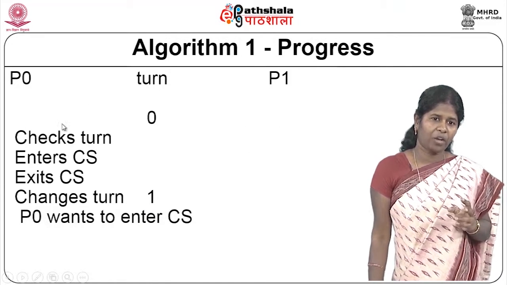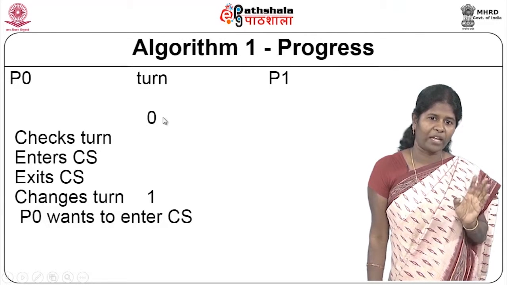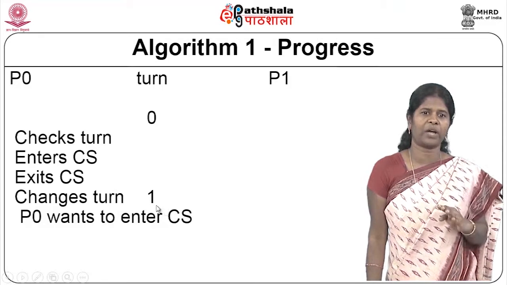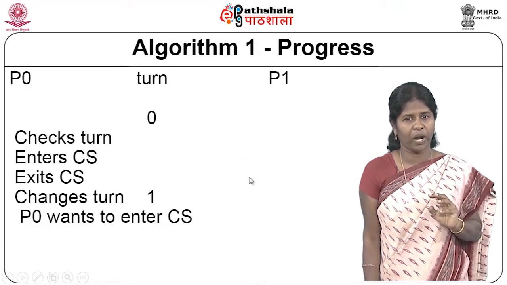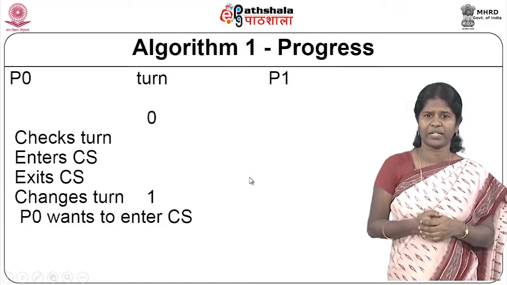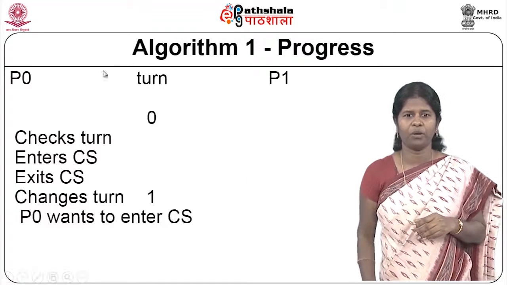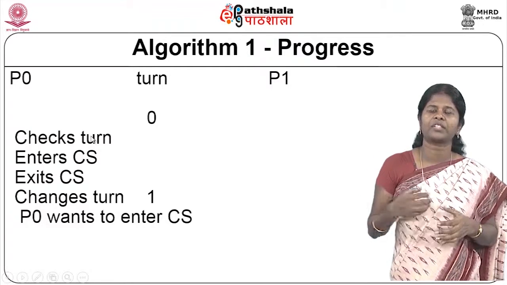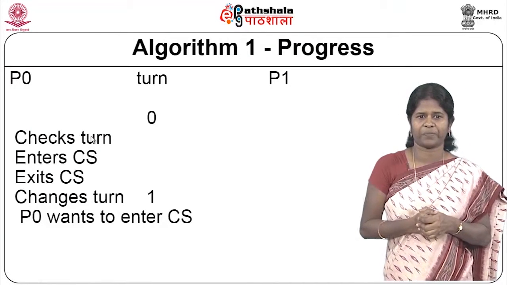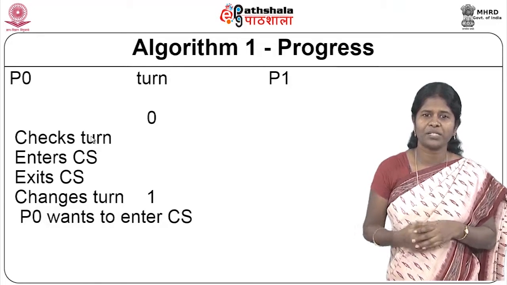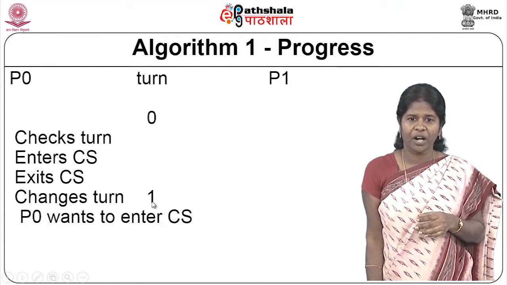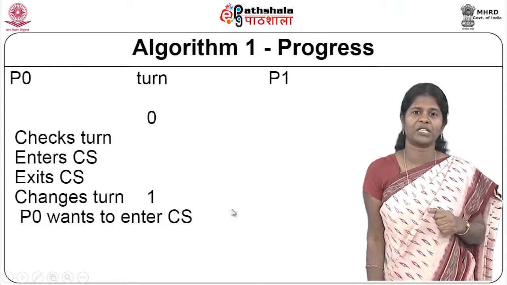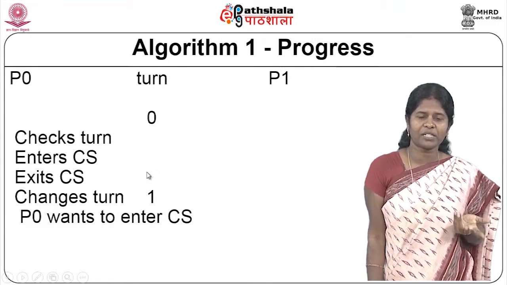P0 had the value of turn equal to 0 initially, and after coming out of the critical section it changes the value of turn to 1. But P1 in the meantime does not want to enter the critical section at all. So if P0 wants to enter the critical section the next time, it cannot, because the value of turn is changed to 1. Unless P1 enters the critical section, P0 cannot enter the critical section.